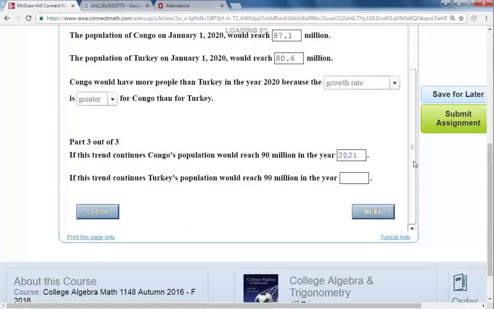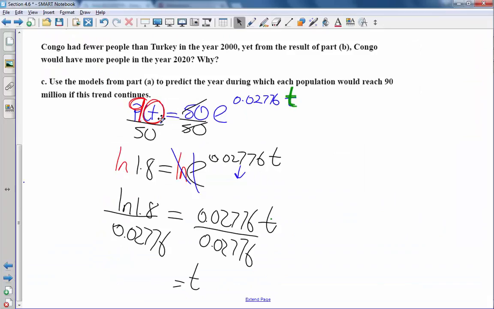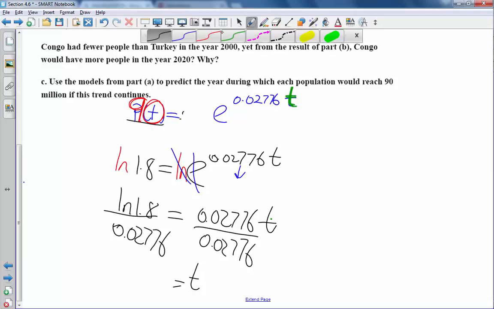Okay? Let's do Turkey. Look, can you guys just do all this in your head? It's going to be the same, 90 million is the target. What is the initial value for Turkey? What is it? 67.4. So this number changed to 67.4 and that one too. Divide both sides by 67.4.